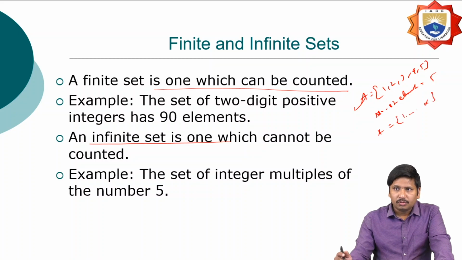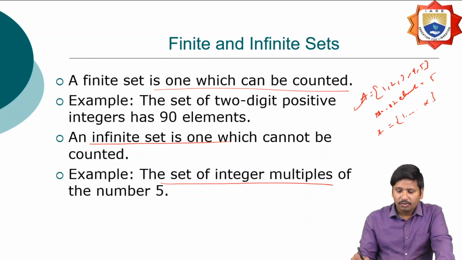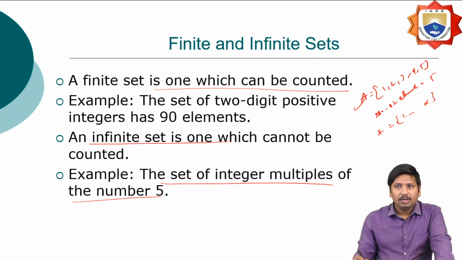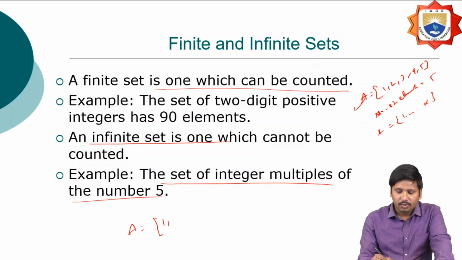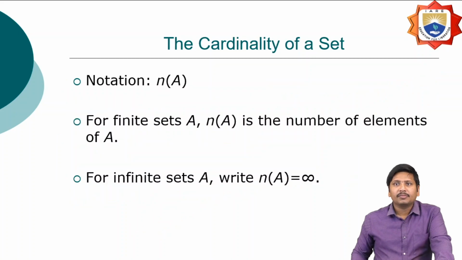It is impossible to count the number of elements in the set, like the set of integer multiples of the number 5. So A is equal to the integer multiples of 5: 5, 10, 15, 20, 25. It is not limited, right?